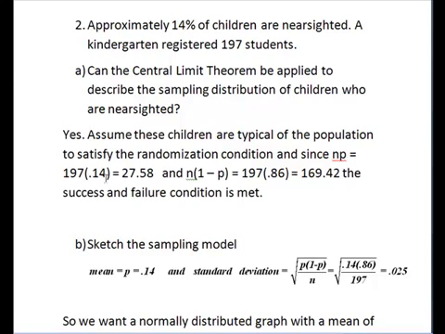Our p is 0.14. So we compute n times p and n times 1 minus p: 27 and 169. They're both bigger than 10. So the answer is yes. Assume these children are typical of the population, and since the success and failure condition is met, we can use the central limit theorem.